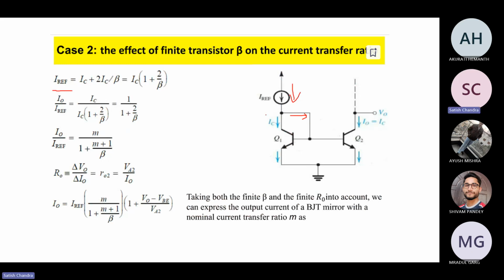And if I say IC is this one, then the current across this is IC by beta. And if I say this is my IC, then it should be divided by 2, because Q1 and Q2 are the same. So it is going to be divided.